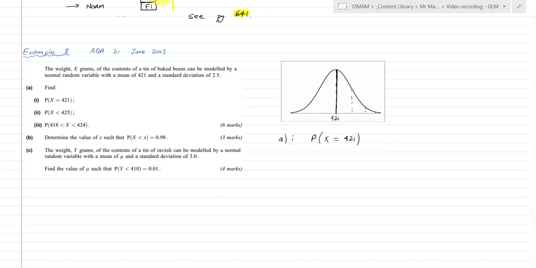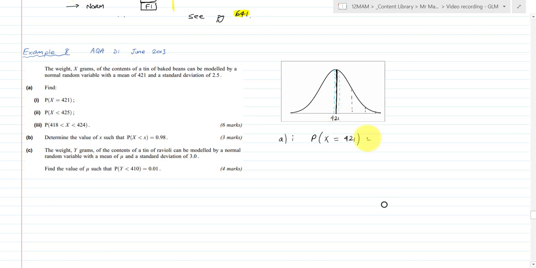So we have to make an assumption now on our rounding. If we make the assumption that we've rounded to the nearest whole number of grams, which I think we will make, it's probably pretty likely, well, that means that 421 is actually between 420.5 and 421.5.